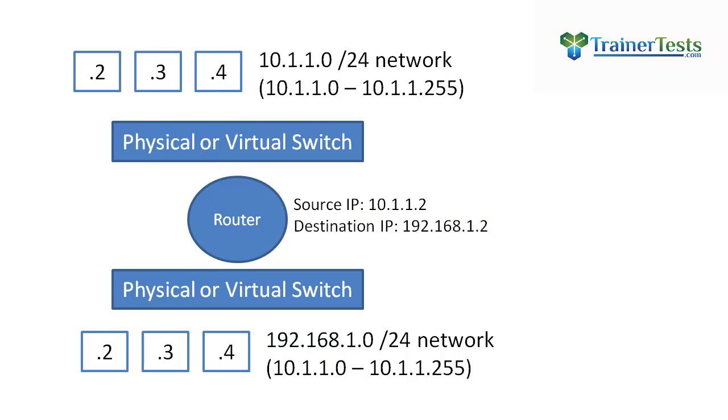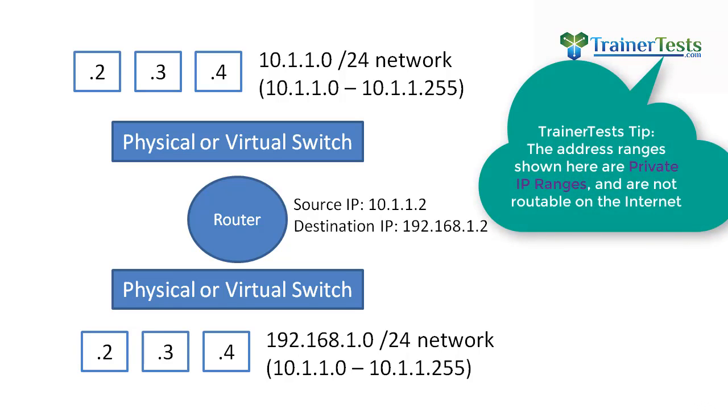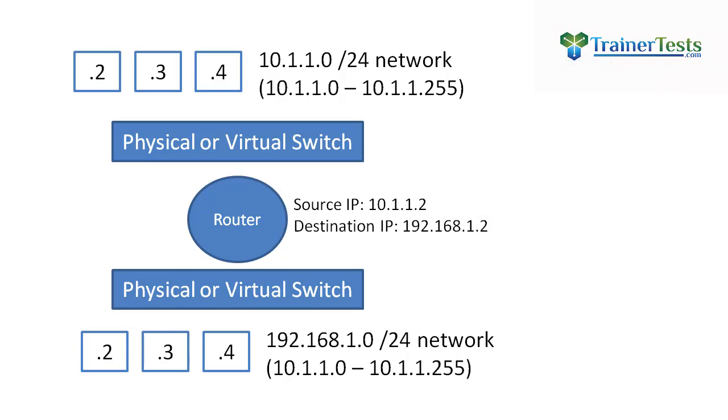So what the router is essentially doing in our network here is interconnecting multiple layer 2 networks. It knows how to get to each of those networks by using its routing table. It's going to receive traffic from one network and forward it to the appropriate network. In this scenario, we've got this router connected directly to these two switches.